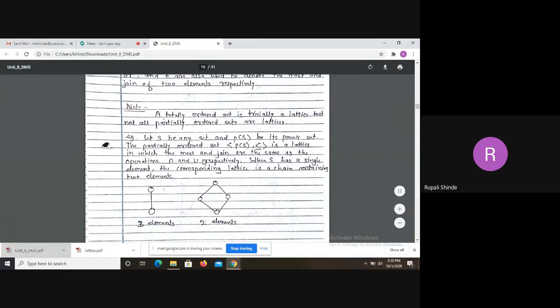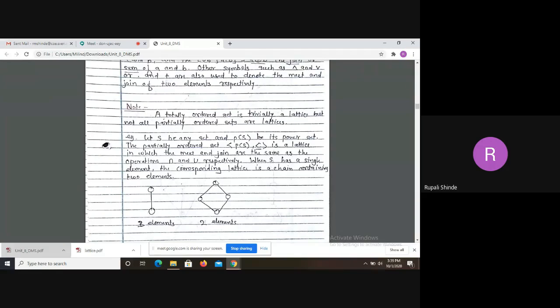Okay. Likewise, if you consider the second diagram, four elements are there. Consider the names of these elements as A, B, C, D. Now if you want to check whether this one is a lattice or not, then again we have to check whether it has a greatest lower bound and least upper bound. What is the greatest lower bound for these two elements, B and C?